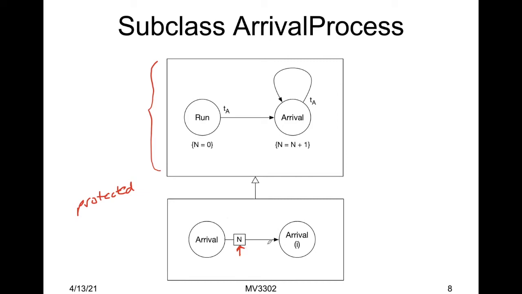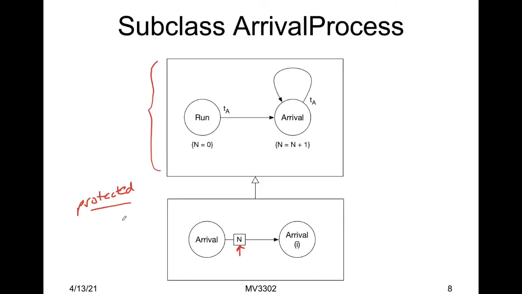And again, neither is more right than the other. But that's why having the state variables be protected allows subclasses to have direct access to that state variable. In this particular case, it doesn't matter since we're simply using it. There are other situations where we actually want a slightly different state transition for one or two events. And in that case, it is important to have it be protected.